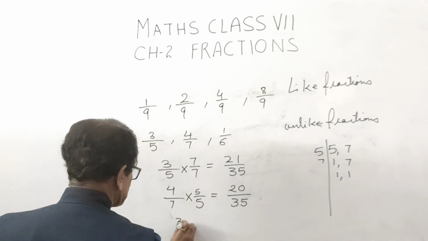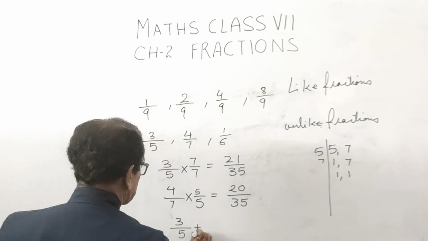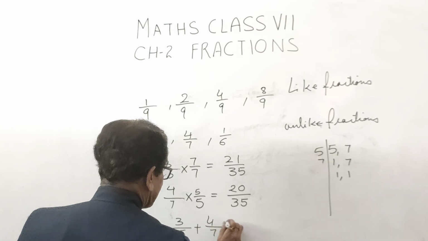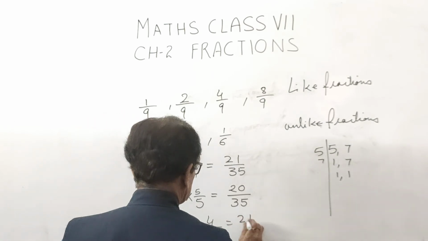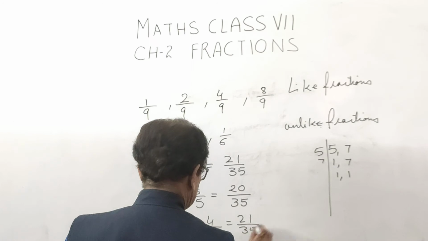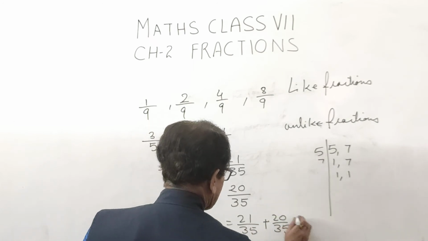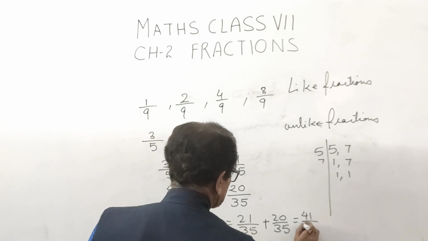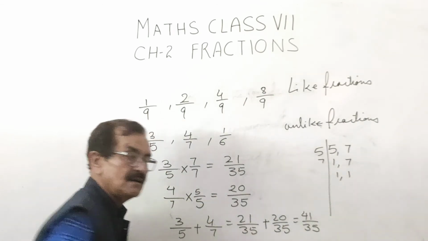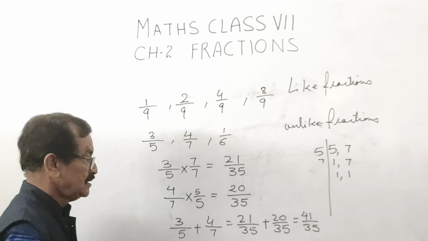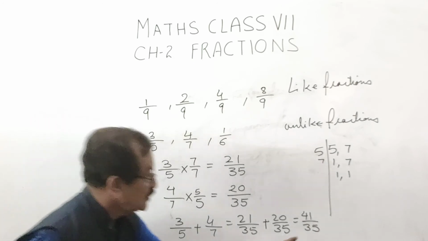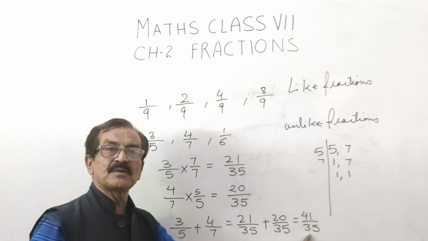So I write 3 by 5 plus 4 by 7 can be written as 21 by 35 plus 20 by 35 to get 41 by 35. A very simple procedure. Now, this is an improper fraction.